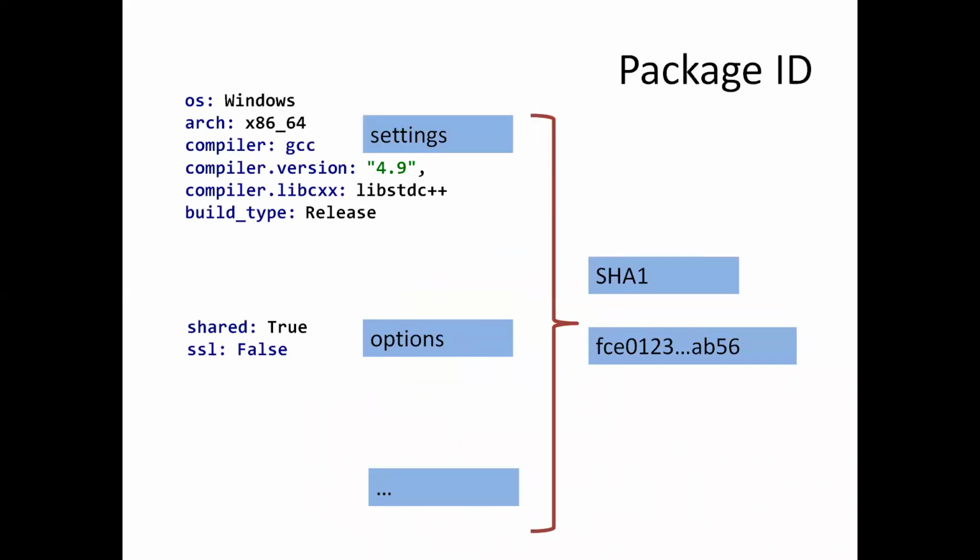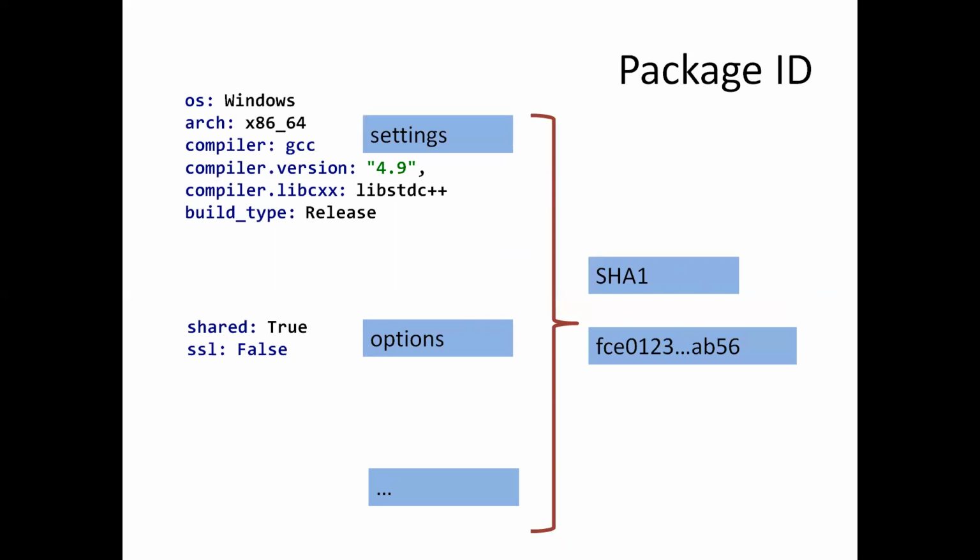By the way, this is a very short description of how the binaries are identified. Basically, you take all the inputs, the configuration, for example the settings, the operating system, the architecture, the compiler, and Conan has everything, and it constructs the package ID. The package ID is basically the SHA-1 hash of the settings.